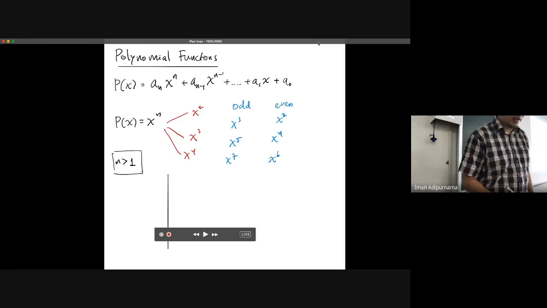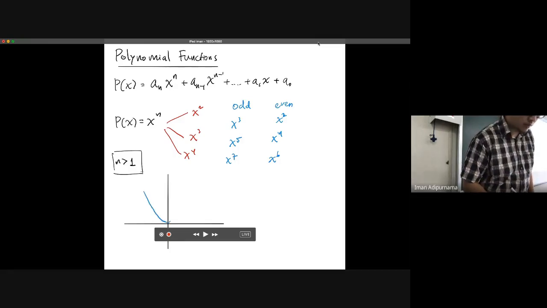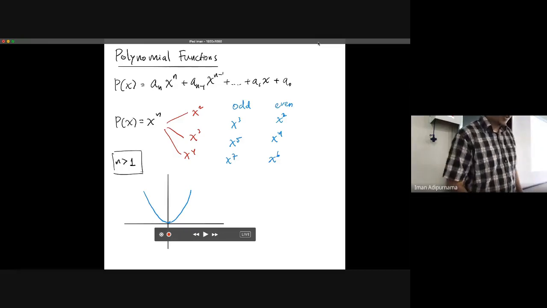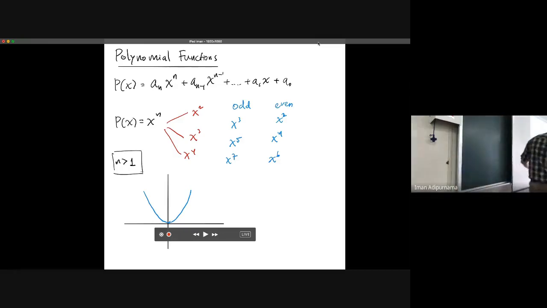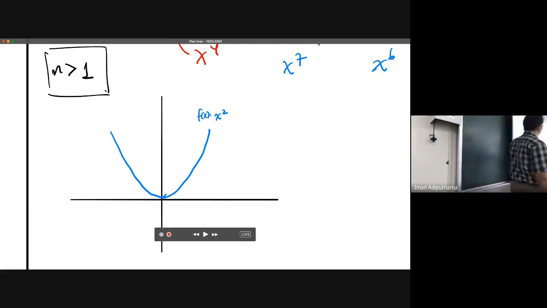If I draw some, let's just say the even function, this is the easiest one. Let's say x squared, right? How would you describe x to the fourth in the graph? This is x squared.